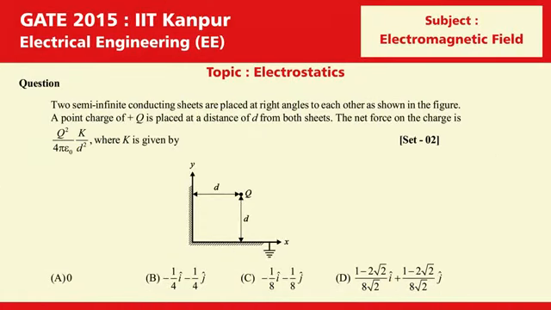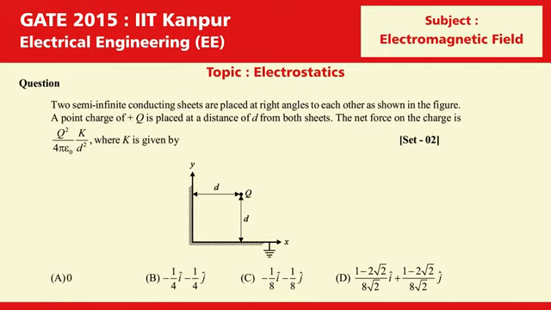This question was asked in GATE 2015 set 2. Two semi-infinite conducting sheets are placed at right angle to each other as shown in the figure. A point charge of plus q is placed at a distance of d from both the sheets.